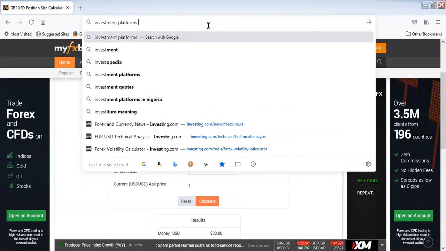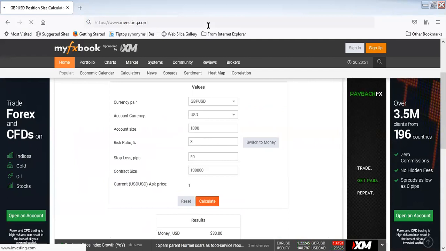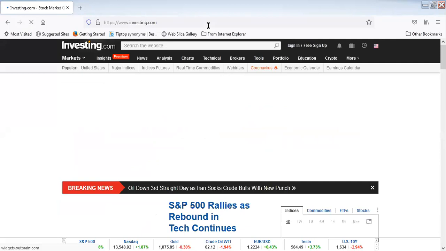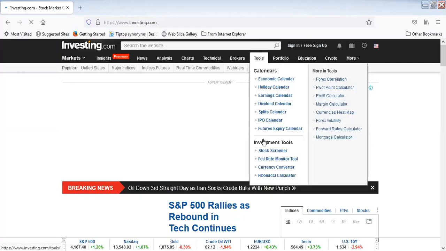So investing.com on web is exactly what I'm using since I'm teaching via my laptop. Investing.com pops out. If you want to know what's in the market, you can go to tools. You click on Forex volatility.